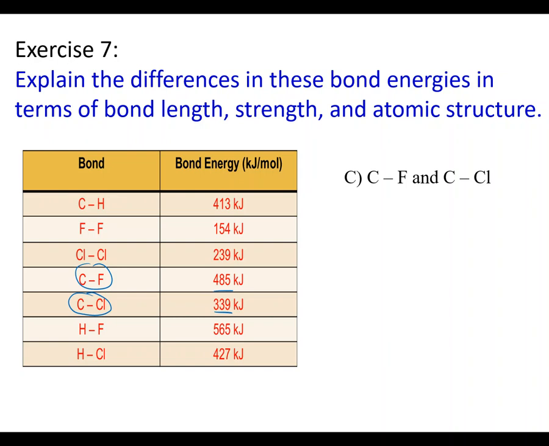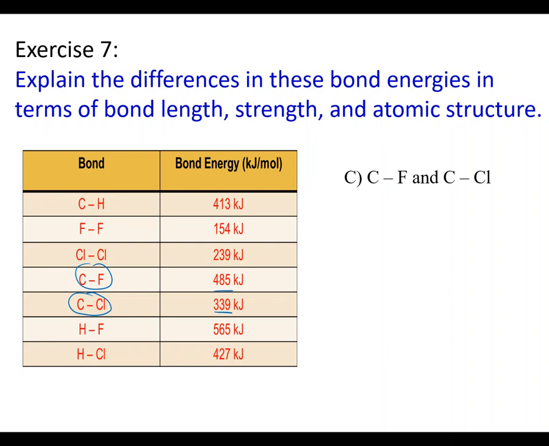F is smaller, so the bond length is going to be shorter between the C and the F. And then the C to Cl, obviously, yes, fluorine has a higher electronegativity. It is going to create a huge electronegativity difference that's going to create the more polar bond. You do have a shorter bond length, and you have the electronegativity factor.